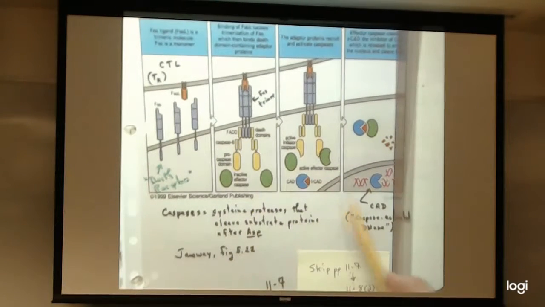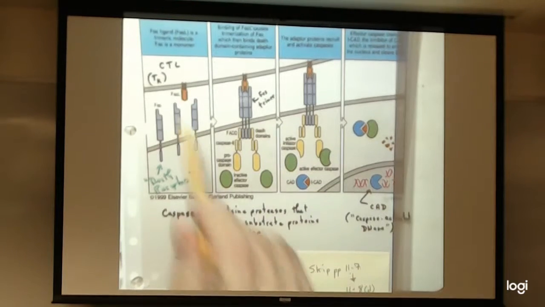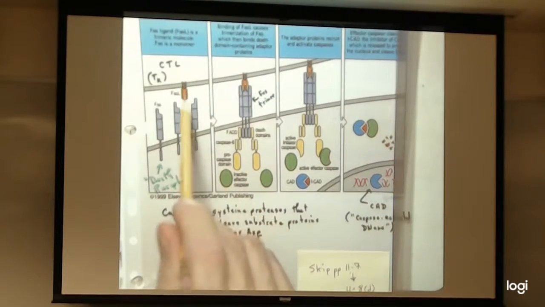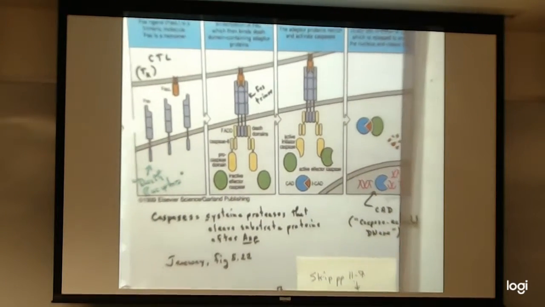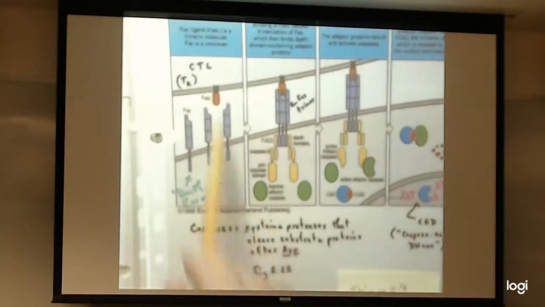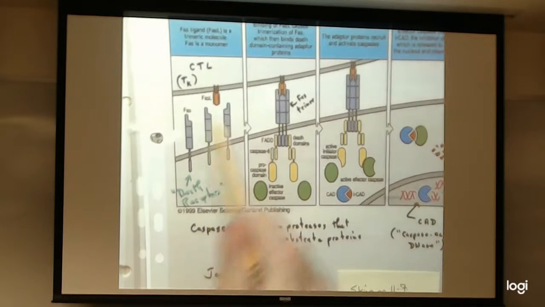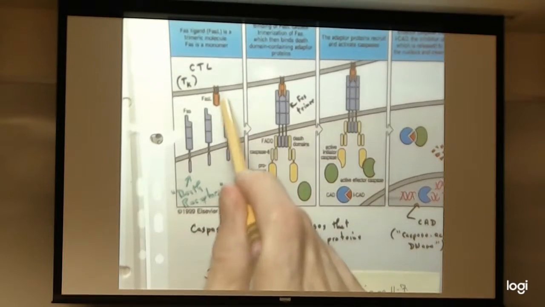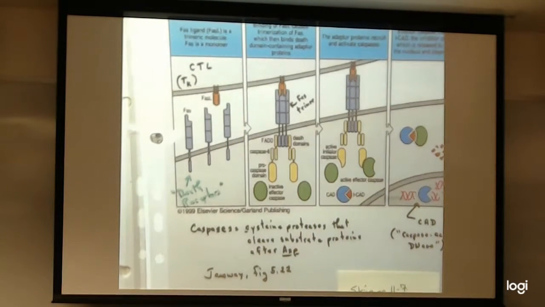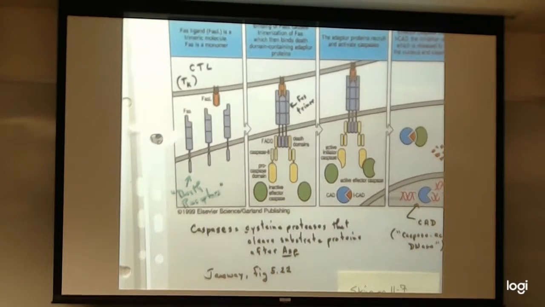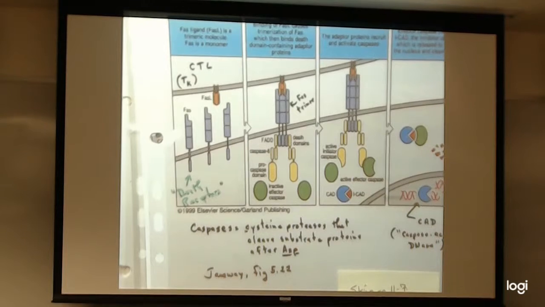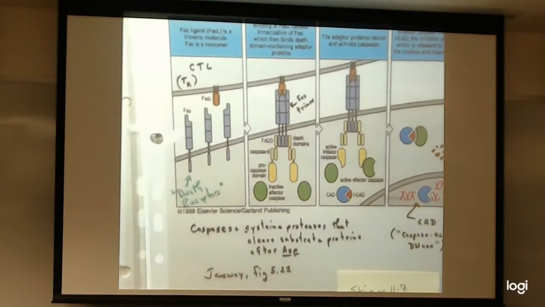Here we're talking about how this Fas ligand, in orange, which is expressed on the surface of killer T cells, is going to bind partner proteins called Fas. And by the way, I told you in the first lecture that growth factor receptors must dimerize.